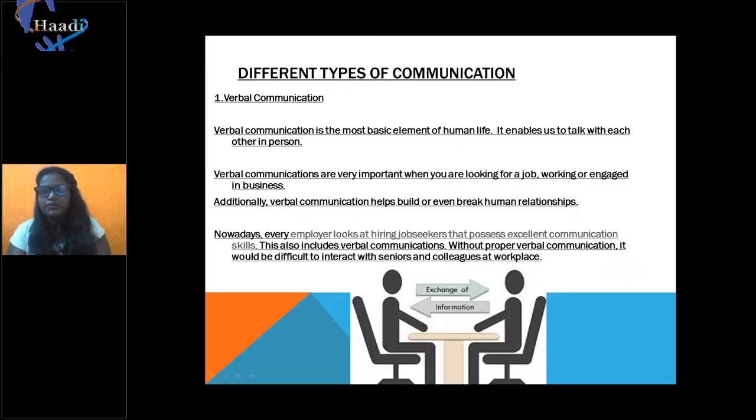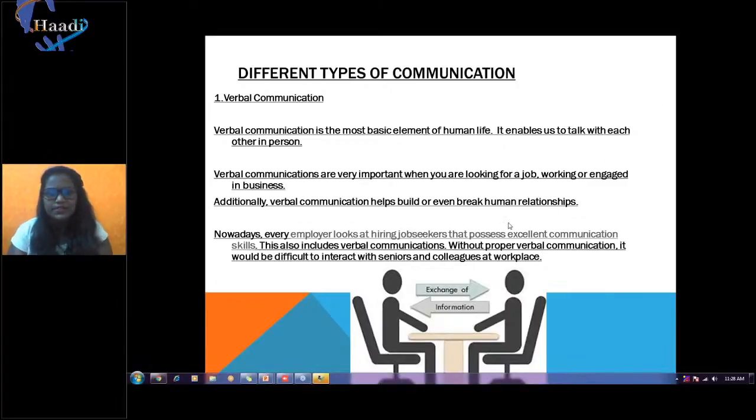Without verbal communication, it would be very difficult to interact with seniors and colleagues at the workplace, higher authorities, or anyone who is a senior person. Verbal communication is very, very important.